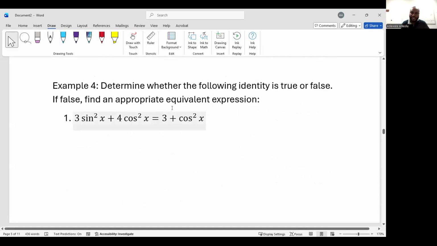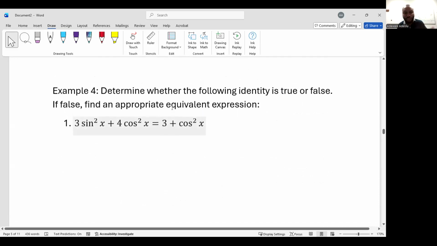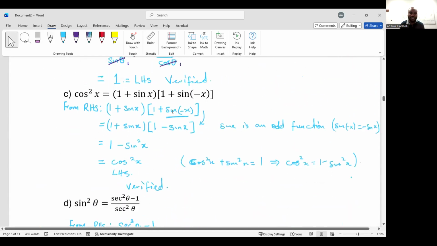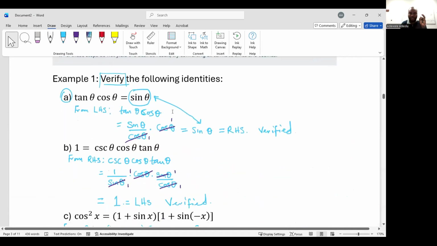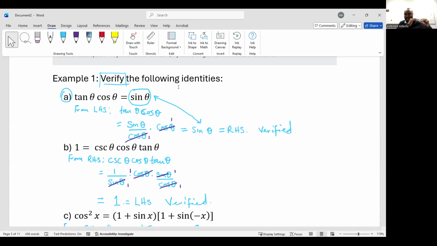Determine whether the following identity is true. This is another way we can ask this question. Let us go back to what we've been doing today. We started by saying verify. Verify. You have two sides. You pick one side, simplify it, and in the end, look up and see that it is the same answer that you have from the beginning.